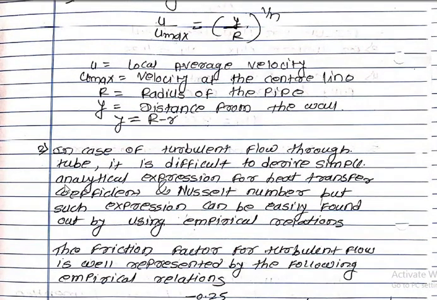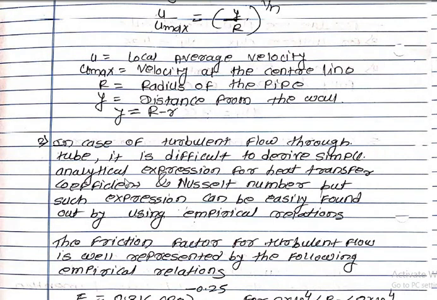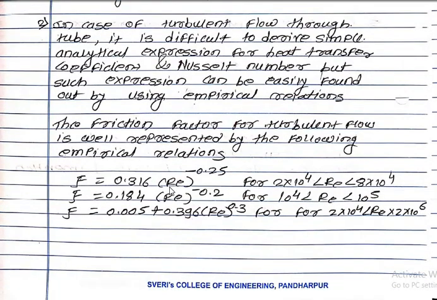Now in case of a turbulent flow through a tube, it is difficult to derive a simple analytical expression for the heat transfer coefficient and Nusselt number, but such an expression can be easily found by using an empirical relation. Now this expression is in the form of a friction factor. So the friction factor for a turbulent flow is well represented by the following empirical relation.